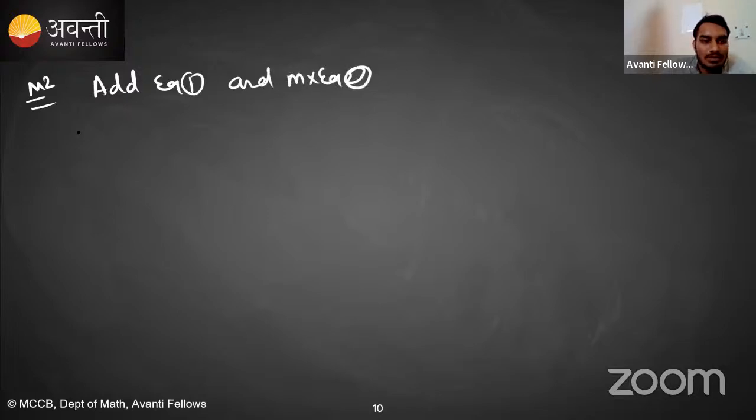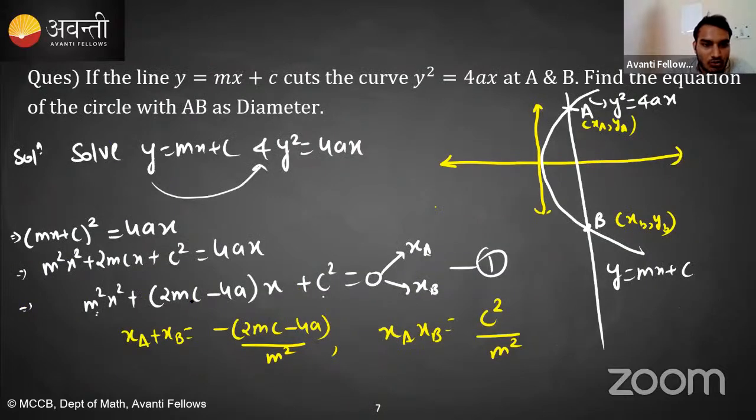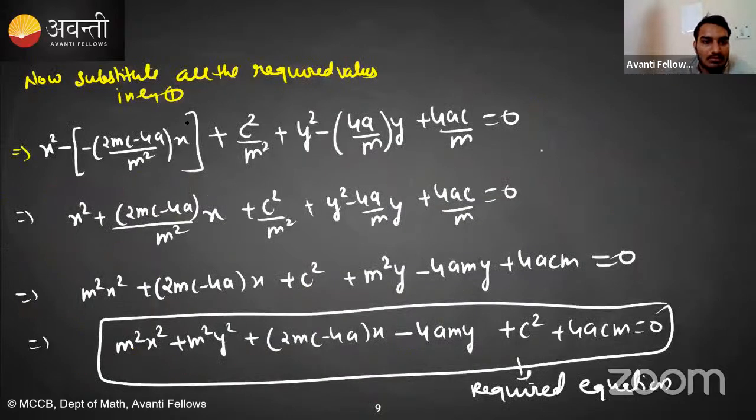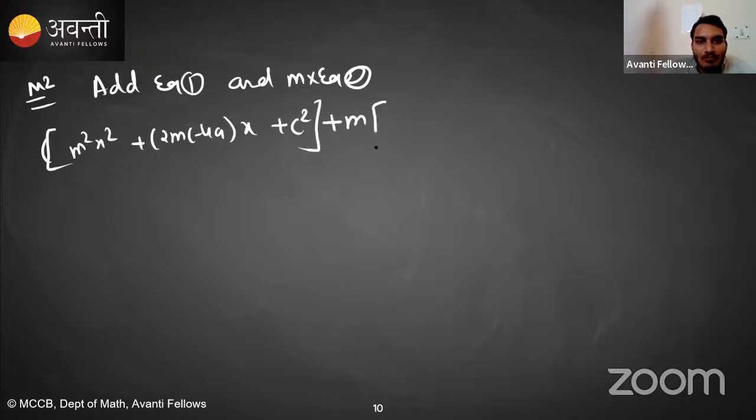That's all. What is equation 1? m square x square plus (2mc minus 4a) into x plus c square. This is equation 1, plus m times equation 2.